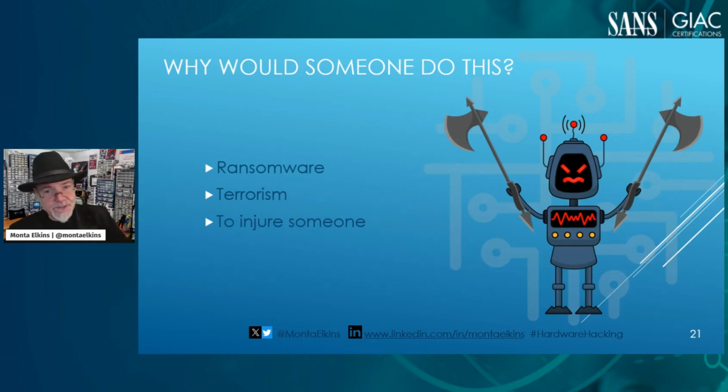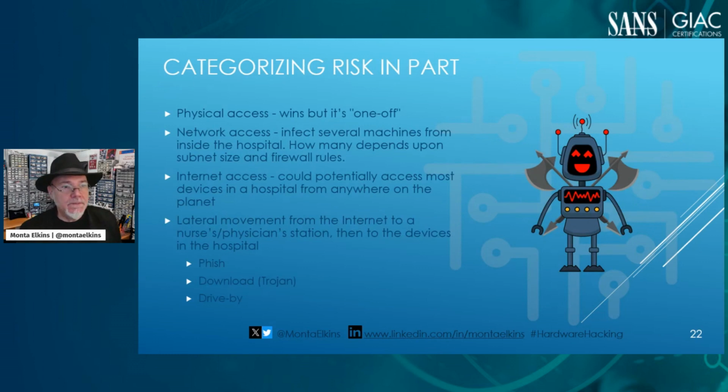We know there are various reasons that people might want to do that. Ransomware, how much would you pay to have your ORs back? Terrorism, people with different political beliefs, perhaps to injure someone. And now just to talk super briefly about categorizing these risks.